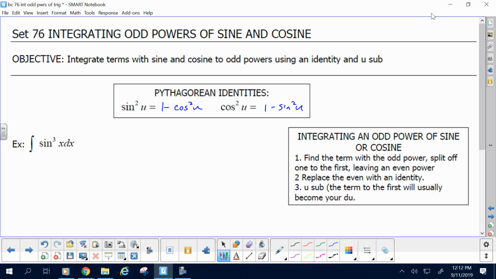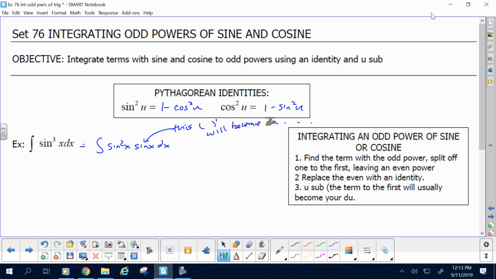Now, when you go to integrate an odd power of sine or cosine, the whole idea is you split it up into pieces and then use substitution. So you're going to split this into sine squared and sine. The single sine will become du in a minute.